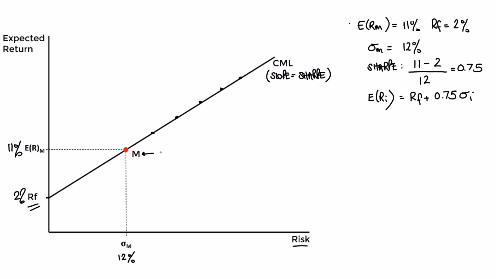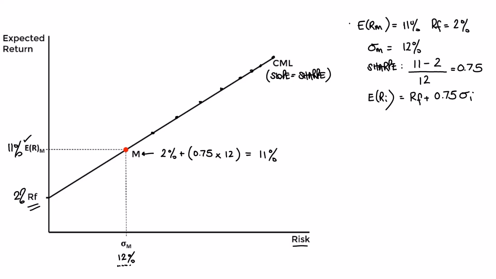The expected return should be the risk-free rate of 2, plus the Sharpe, we just calculated as 0.75, multiplied by the risk we take on for the market portfolio of 12. That would give you 11%, which is encouraging because that's what it should be. So pretty straightforward. As I say, any point at all on that CML should conform to this.